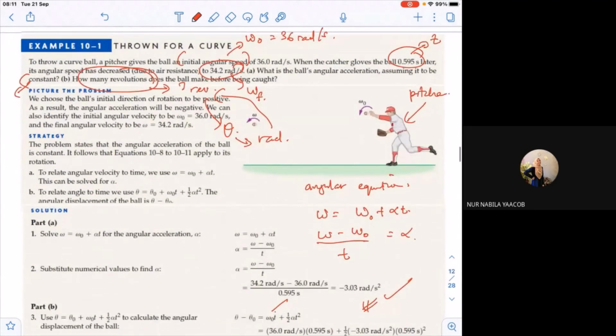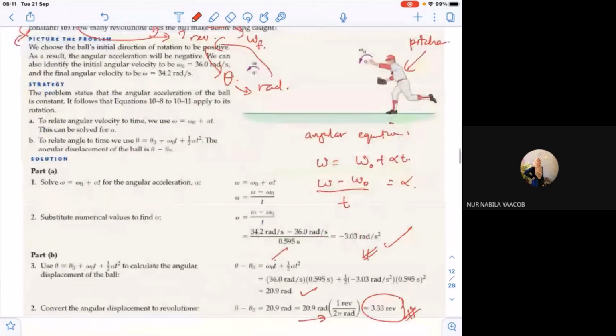Okay, these are some examples involving problems with the angular equations.